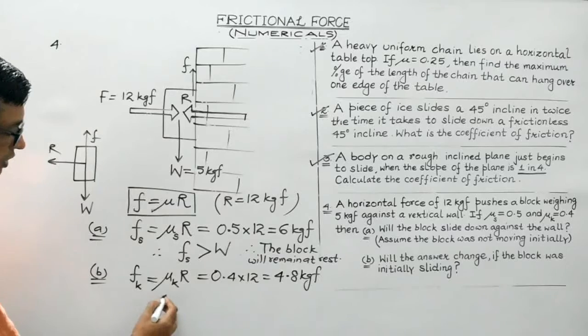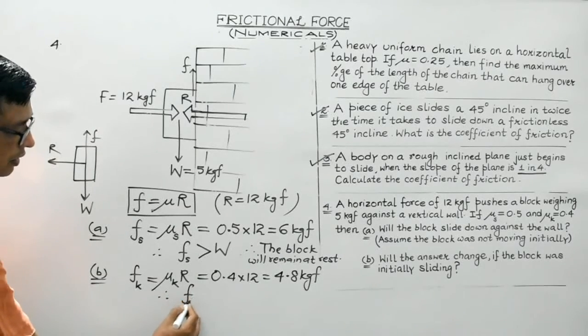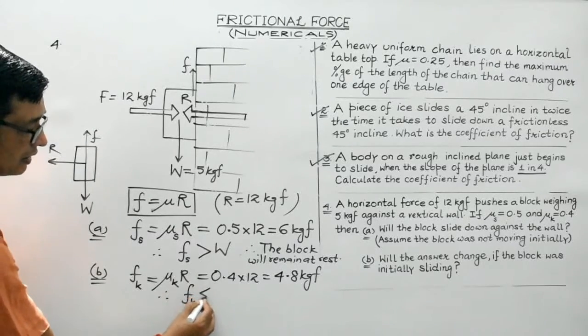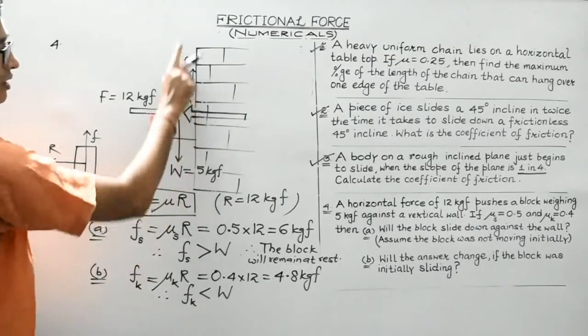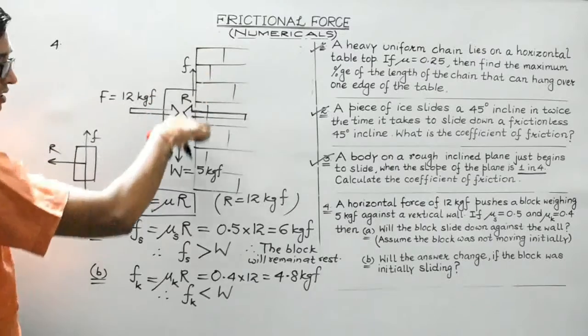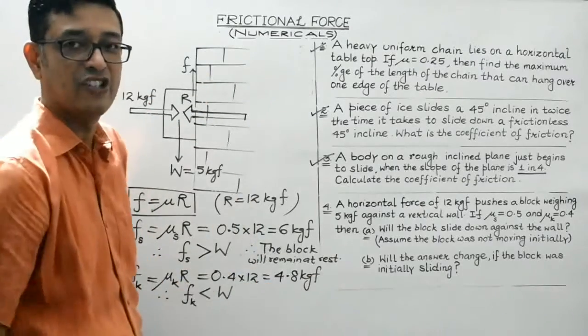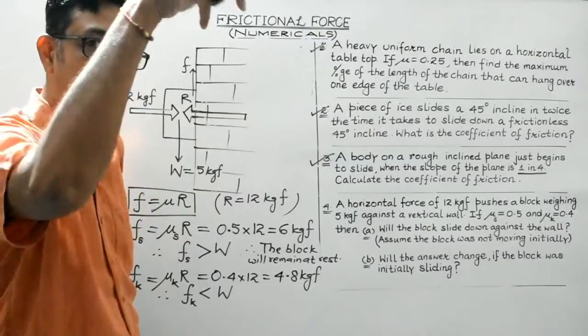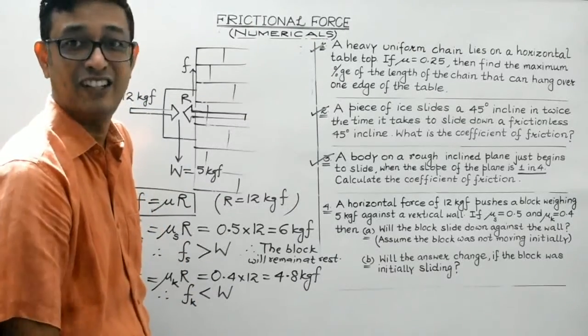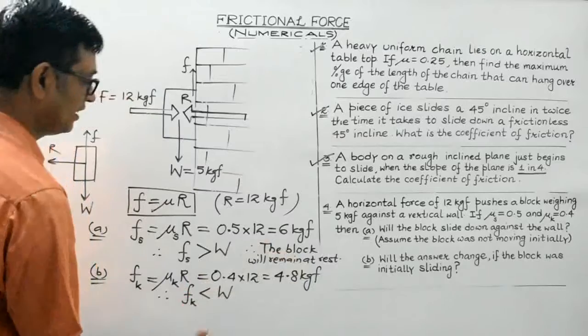Now in this case, students, the kinetic friction is less than the weight of the block. The weight of the block is 5 kgf, while the kinetic friction when it is initially sliding is found to be 4.8 kgf. So the weight is greater than the kinetic friction, so it will keep on sliding. Clear? In the second case, it will keep on sliding.